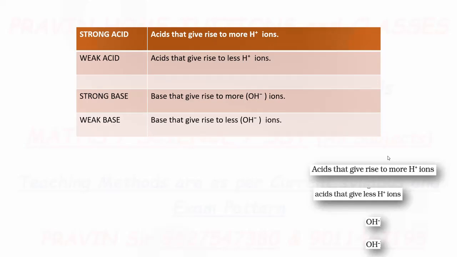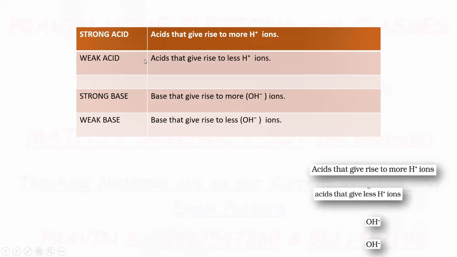Now there are four combinations: strong acid, weak acid, strong base and weak base. Strong acid: an acid that gives rise to more H plus ions when dissolved in water is called a strong acid.